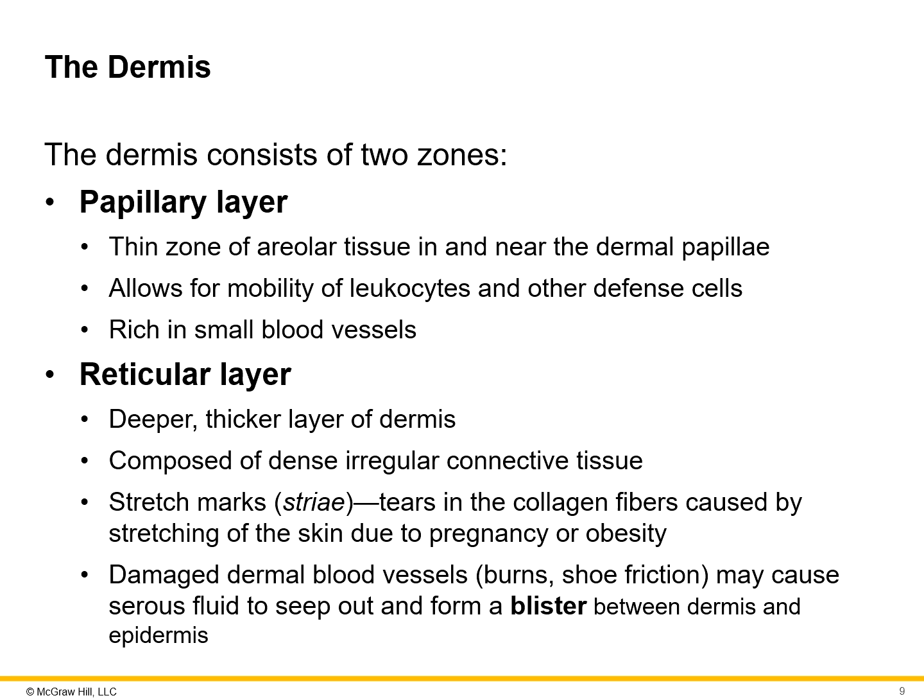And if we have damage to dermal blood vessels through burns or shoe friction, that can cause a blister. A blister is actually the serous fluid found in between the dermis and the epidermis.